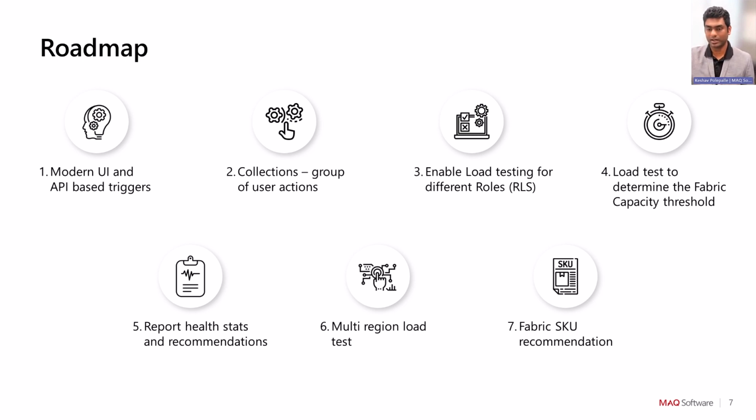So we are working on modernizing our entire look and feel and the way some of these actions would be triggered and displayed. We are also enabling API-based triggers. Today it's UI only, where you have to go into the UI and schedule these. But now we'll allow you to have APIs to configure and trigger.